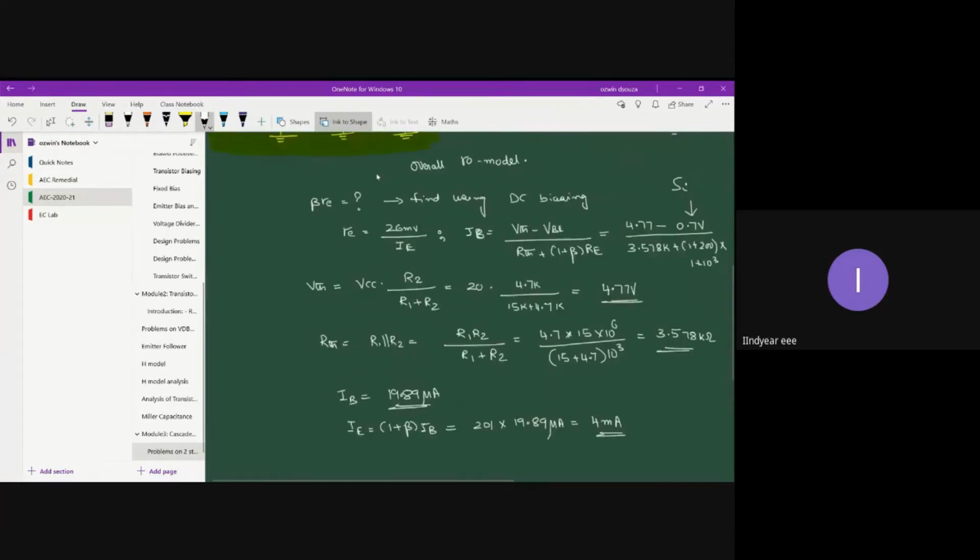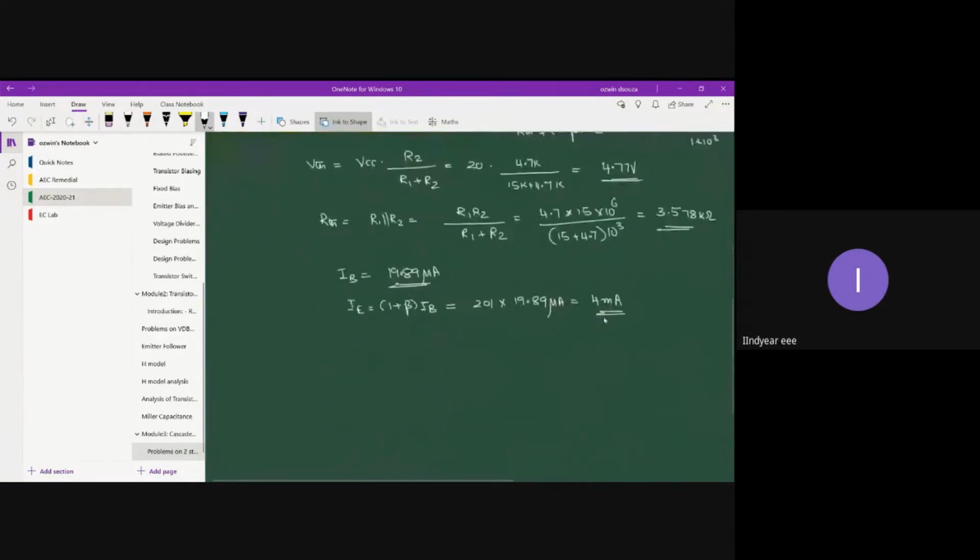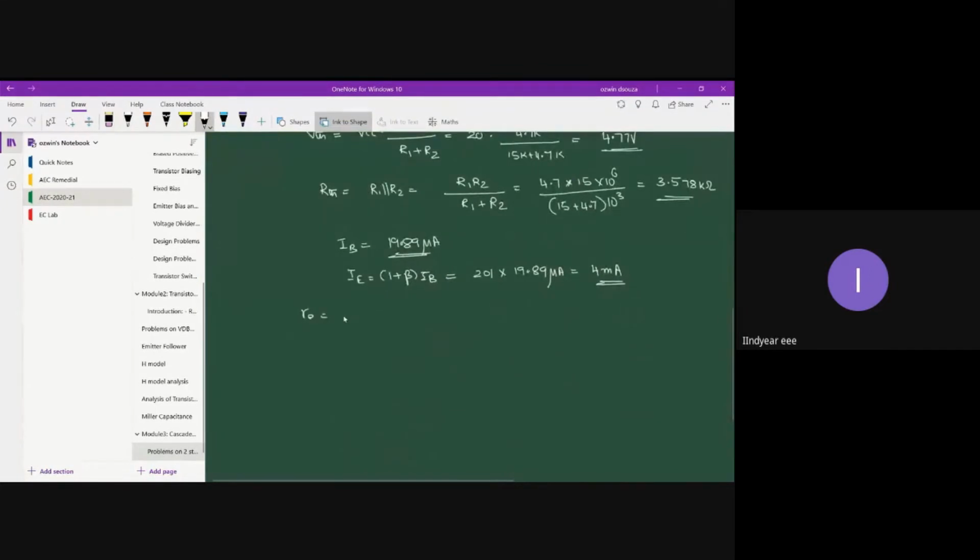Therefore, you can find out the RE value now. RE is 26 milli divided by IE, or 26 milli divided by 4 milli. That gives you an RE value of 6.5 ohms. So that's your RE.